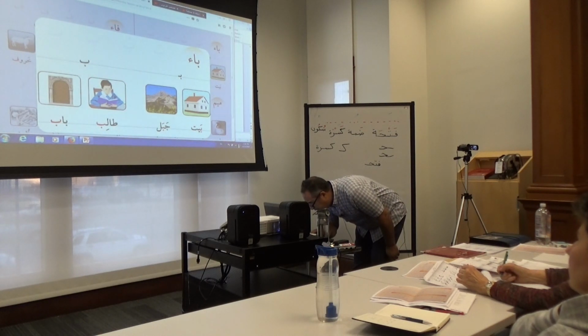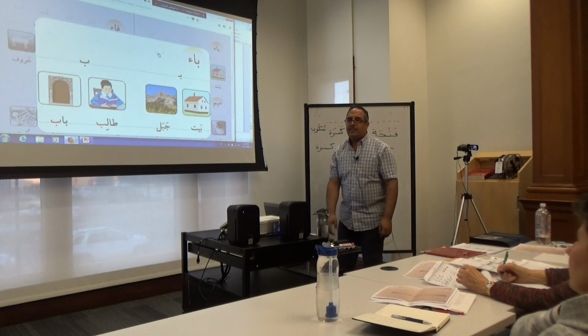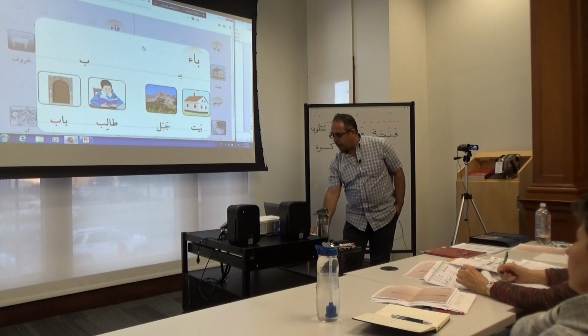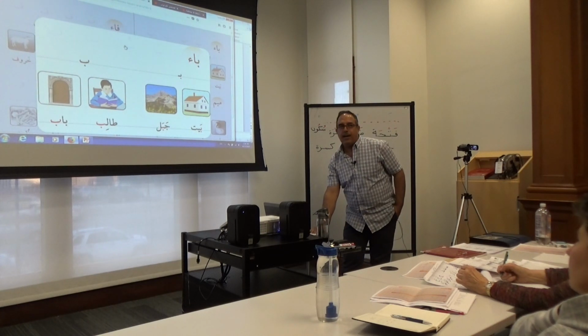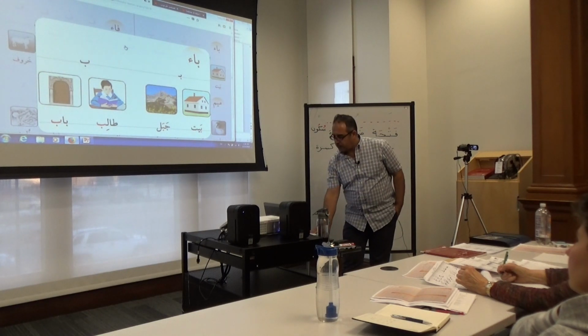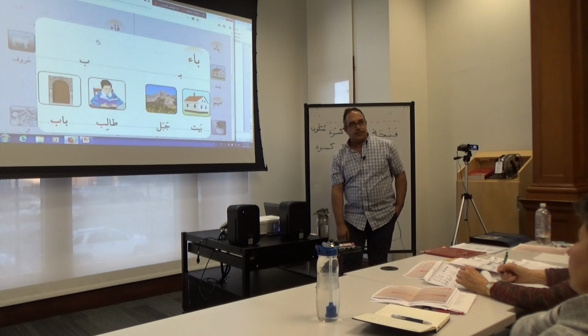Yeah, we have a helper here. Okay, so that's ba. And how about this one? Bu. Okay, this one? Okay, bi.